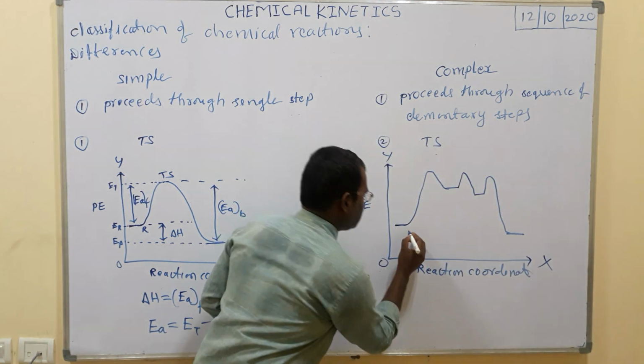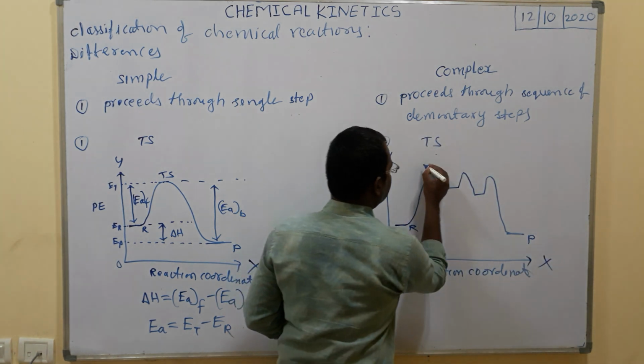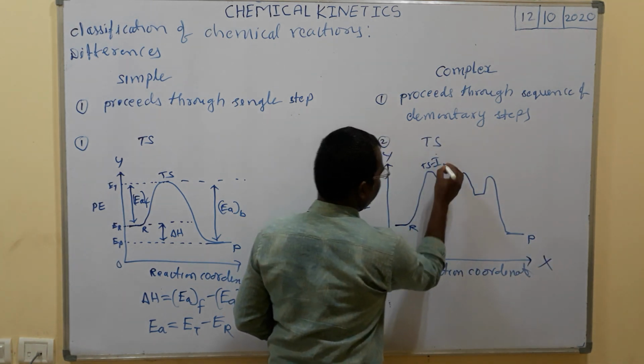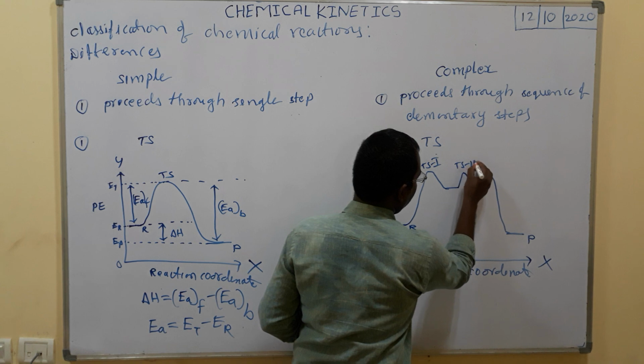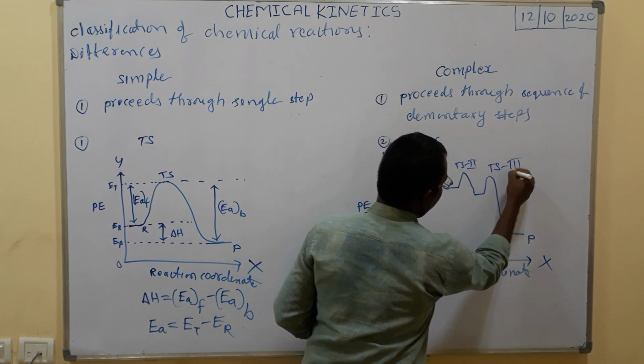So this is the reactant and this is the product, and this is transition state 1, whereas this is transition state 2, and this is transition state 3.